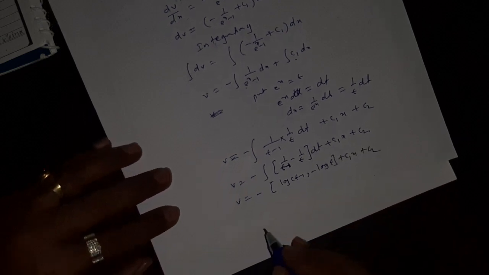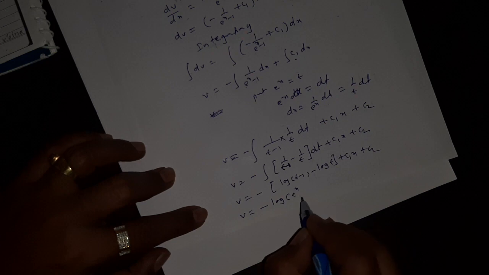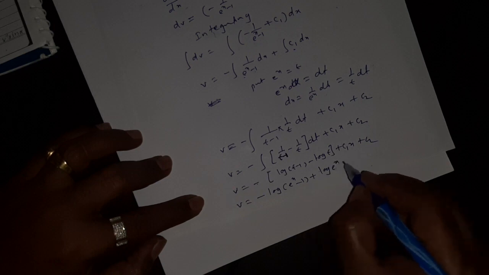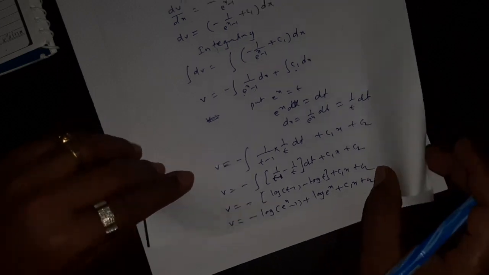Then substitute t is e raised to x minus 1. Minus minus becomes plus, log e raised to x plus c1x plus c2. So log e raised to x is x into log e.